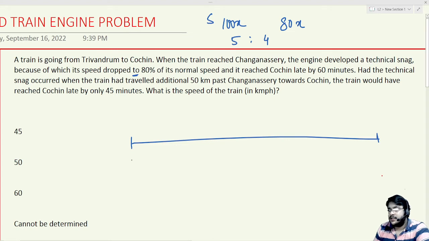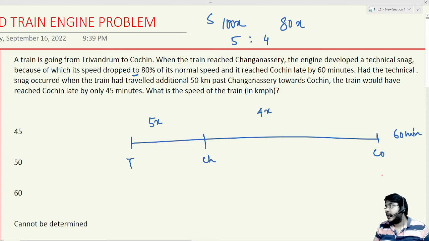What they have said is, from Trivandrum to Cochin, there is a destination Changaneshwari, and the speed was 5x at which it was traveling. Due to the snag, the speed became 4x, okay, and reached Cochin late by 60 minutes.